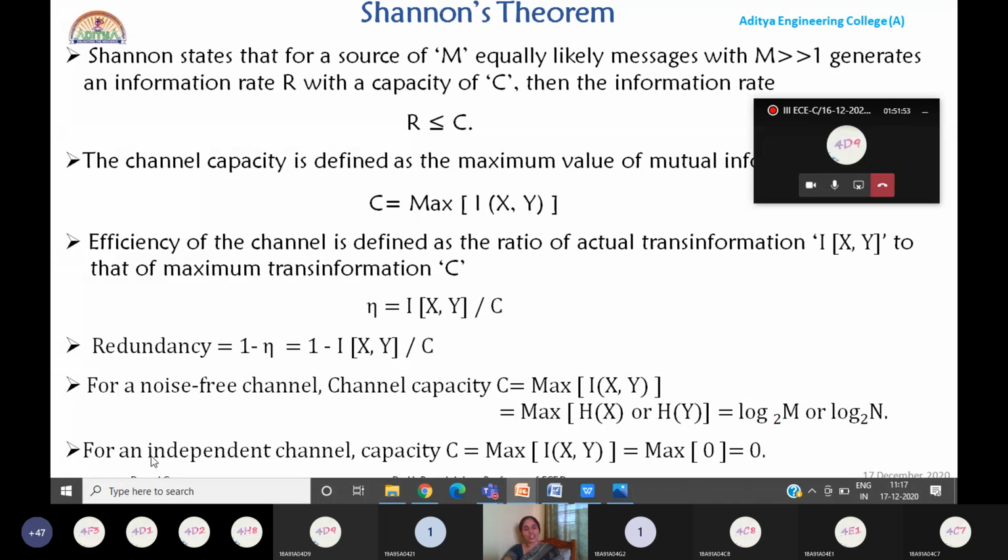Next, in the fifth property of mutual information, I told you about an independent channel. What is the mutual information for an independent channel? How much did we obtain? Any other student? We studied it as the fifth property of mutual information.